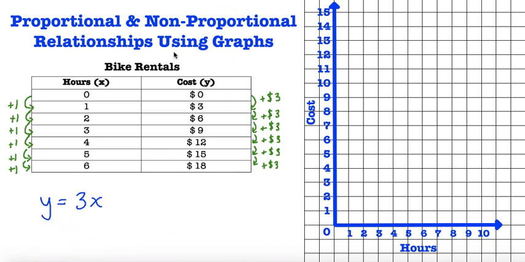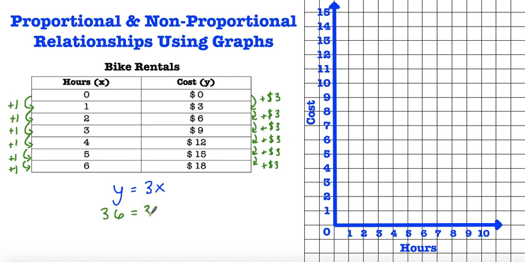And if we knew that the cost was, let's say, $36, and we wanted to know how many hours that is, we would substitute the y for 36. So I'll write it on top of each other so you guys could see it. So y equals 3x. And if we knew the cost was $36, we'd substitute y for 36.